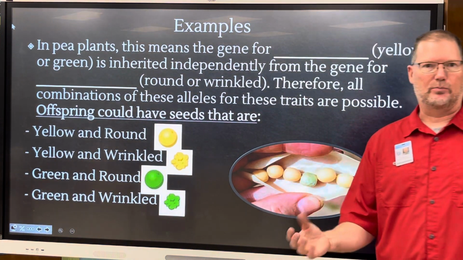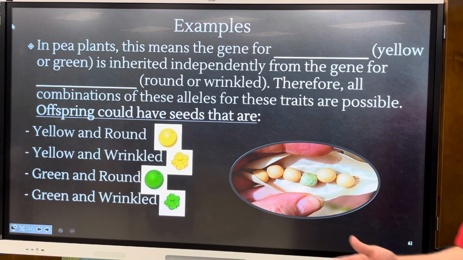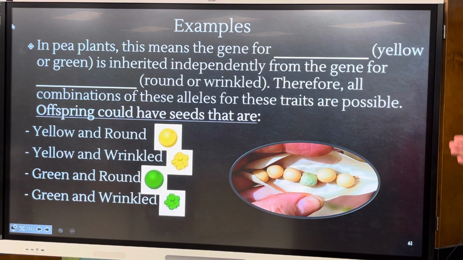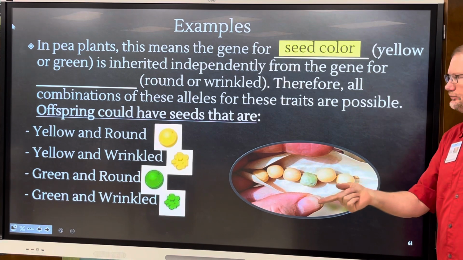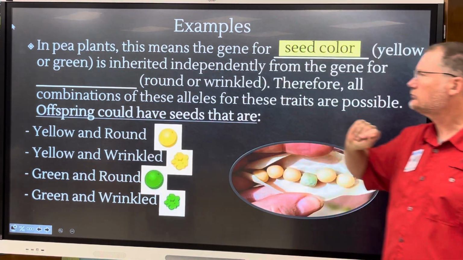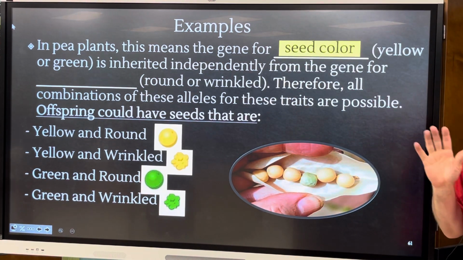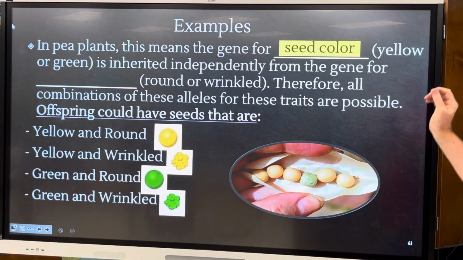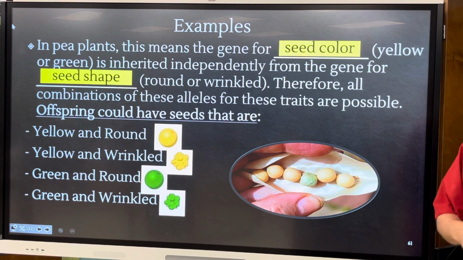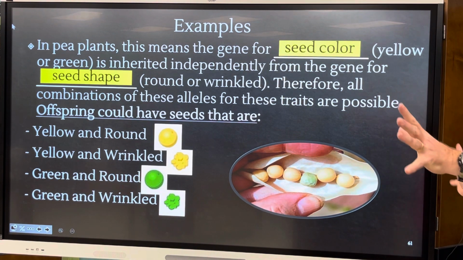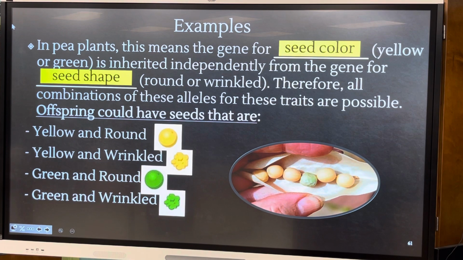Some more examples in pea plants. I'm going to go back to the pea plants because they are good examples. This means the gene for seed color, yellow or green, is inherited independently from the gene for seed shape, round or wrinkled. Therefore, all combinations of these alleles for these traits are possible.